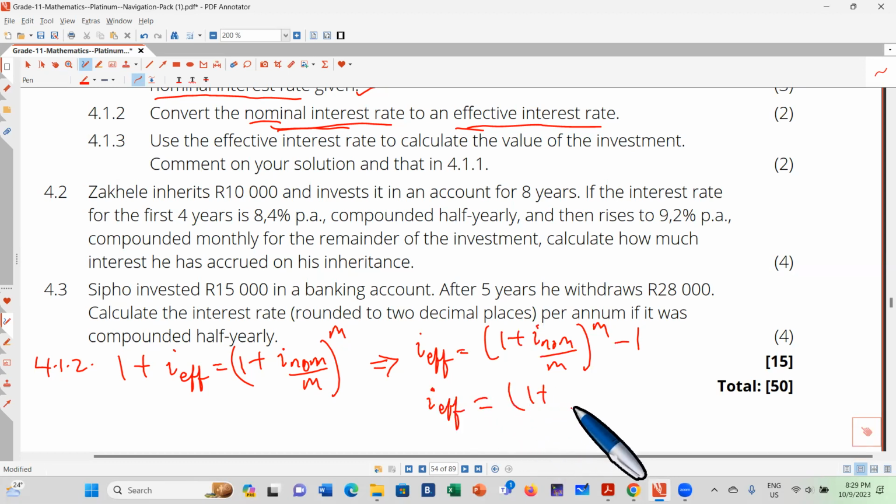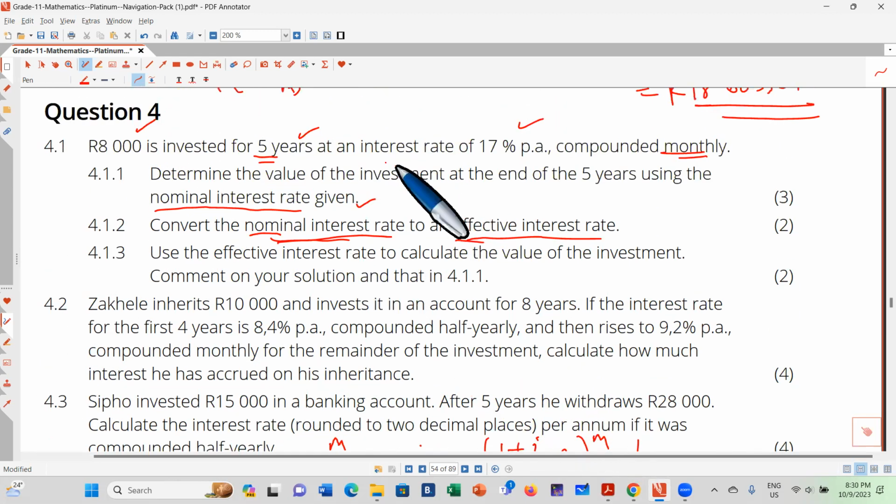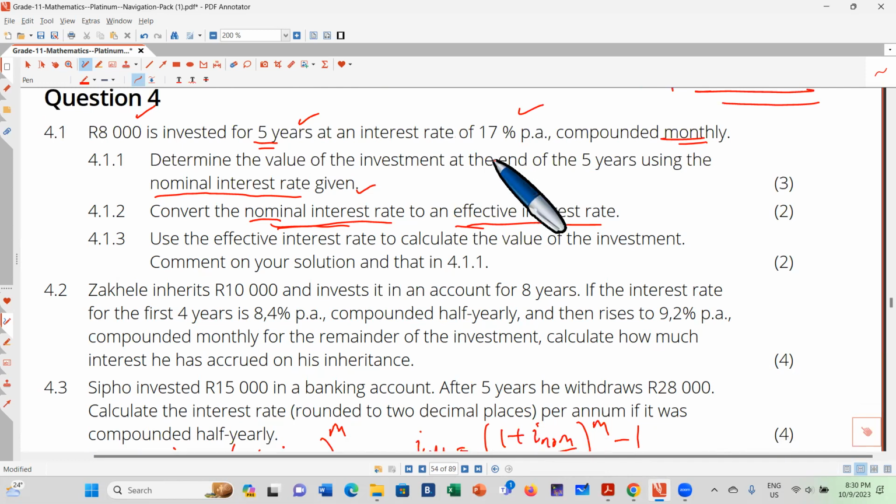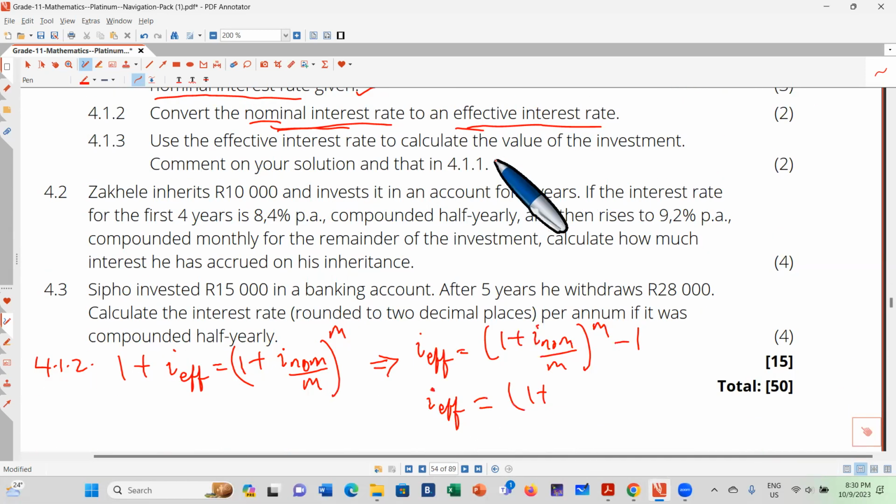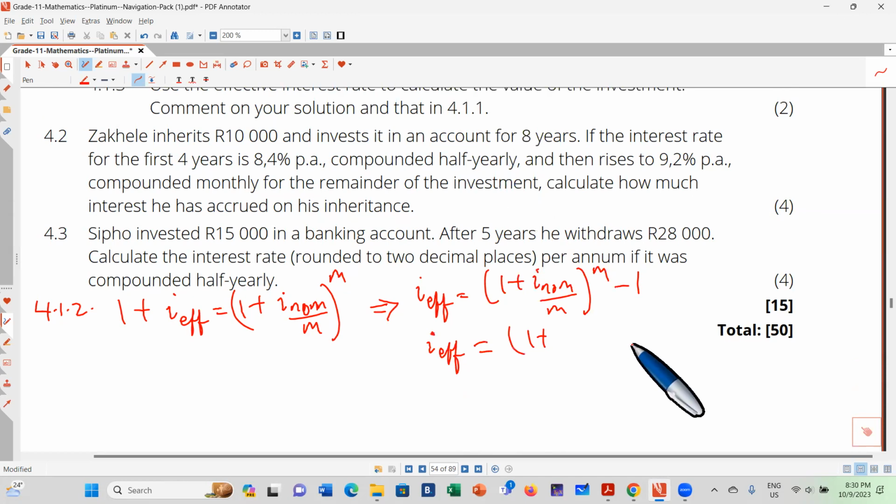What is the nominal rate? We were told that this interest rate is compounded monthly, so we use that rate. So we're going to have 17, which is 0.17. Divide that by 12, and you raise it to 12, minus 1.